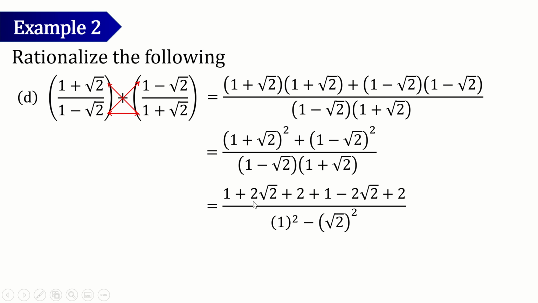For the numerator, we can cancel 2√2 because one is positive and the other is negative. So it becomes 1 plus 2 plus 1 plus 2, and the numerator is just 6. The denominator equals 1 minus 2, which is negative 1. So 6 over negative 1 is negative 6.